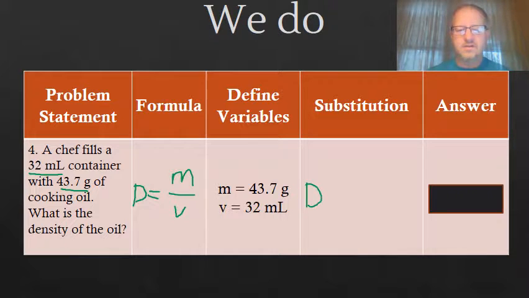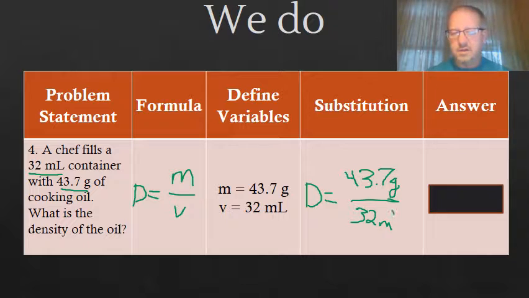Now we're going to substitute our numbers for our letters so we can actually do some math. 43.7 grams divided by 32 milliliters. And again, we don't have to change that to centimeters cubed. We can if we want, but it's the same thing. So it would be 32 centimeters cubed if you want to change it.